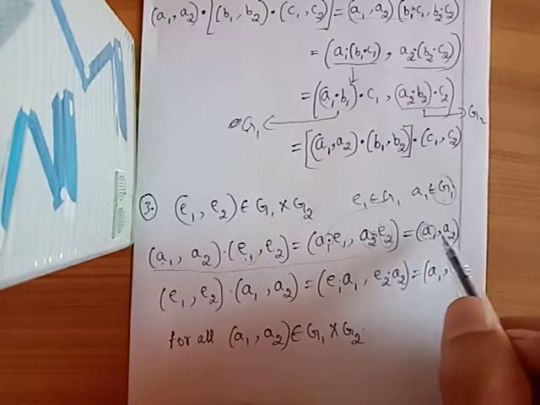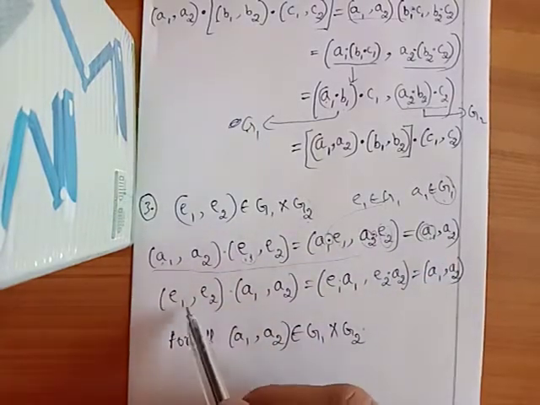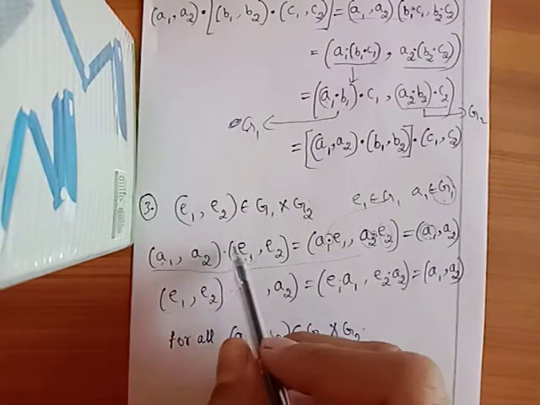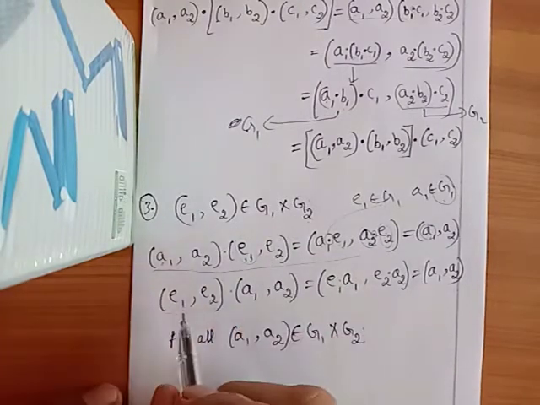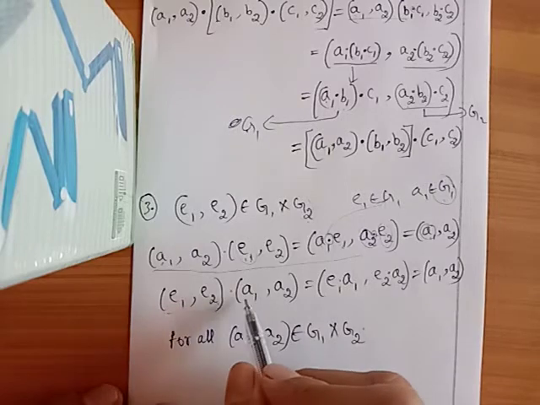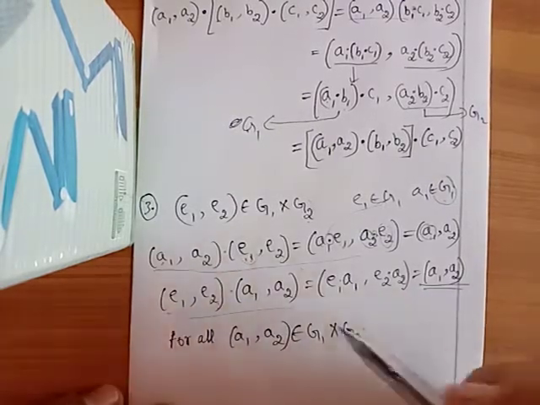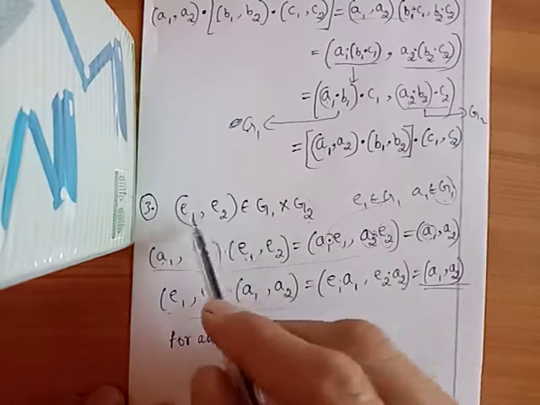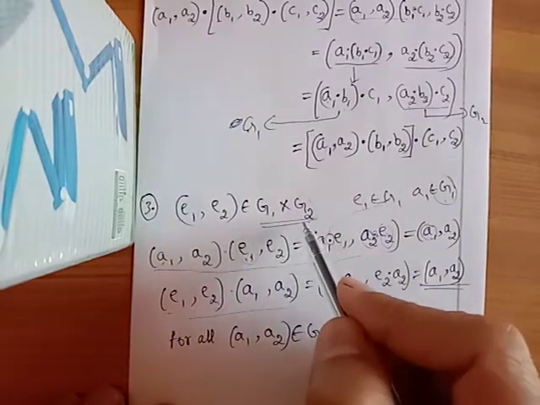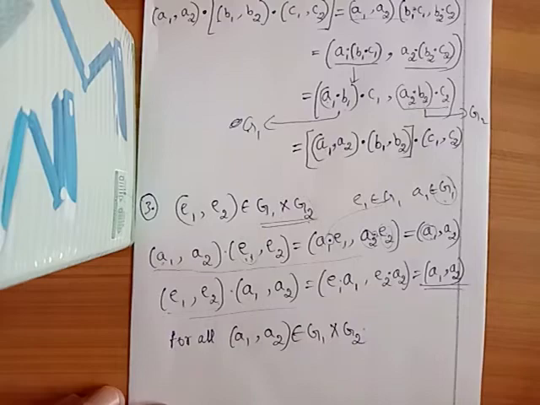So we get (A1, A2). Similarly, if we multiply the other way, (E1, E2) into (A1, A2), we get the same answer. So we can say the identity property holds in G1 cross G2.